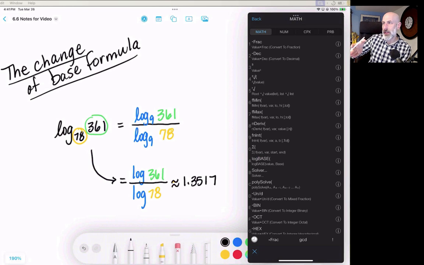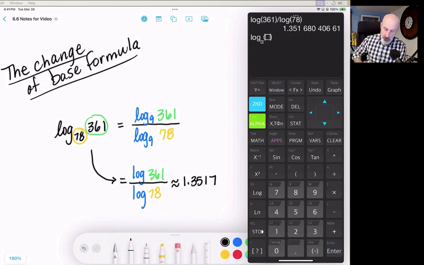We get this list here, and on mine, again, it's going to look slightly different than the TI-84, but it's meant to model it. Option A here is log base. On the TI-84, it should look the same, but if I choose that option on the calculator, and depending on which model you have, like the newest TI-84 with the backlit screen or an older one, they can both do it, just the formatting is going to look a little different.